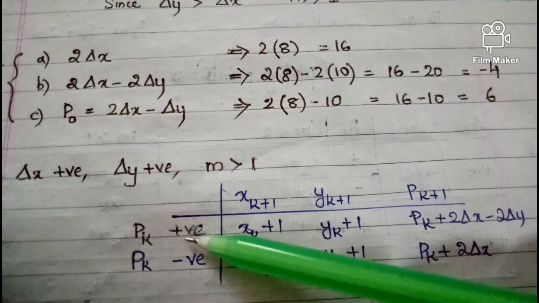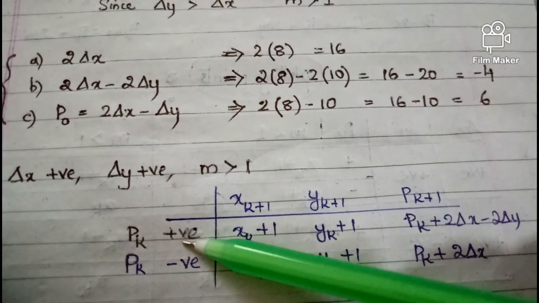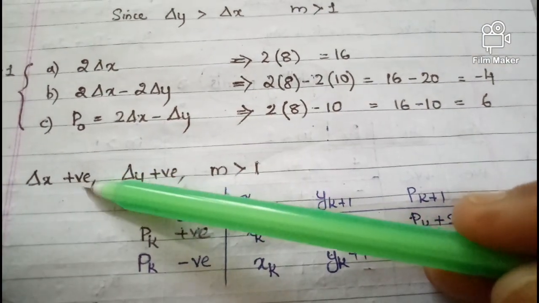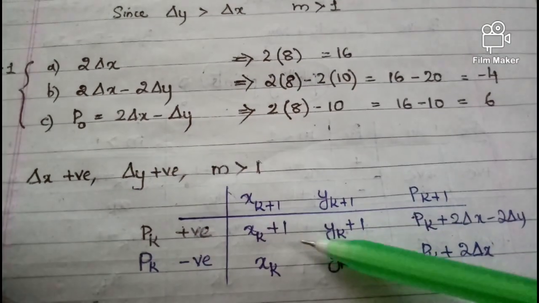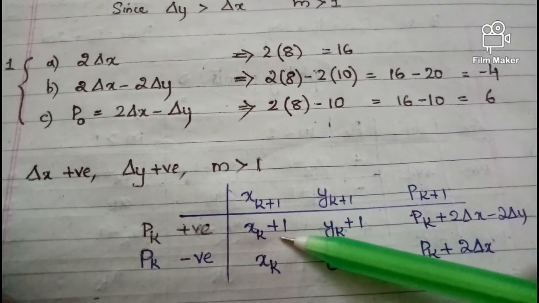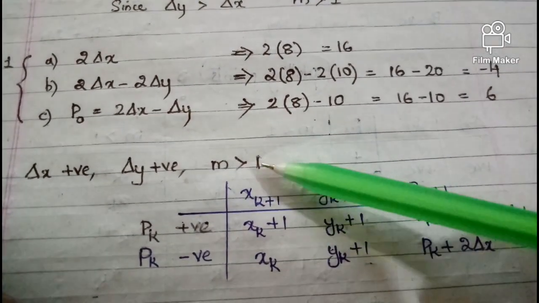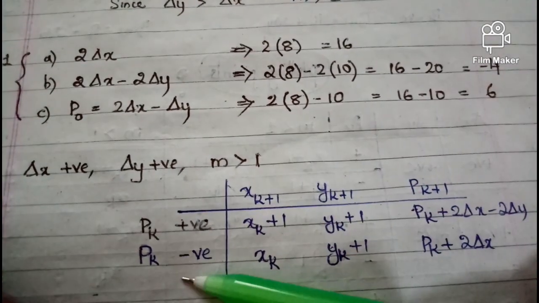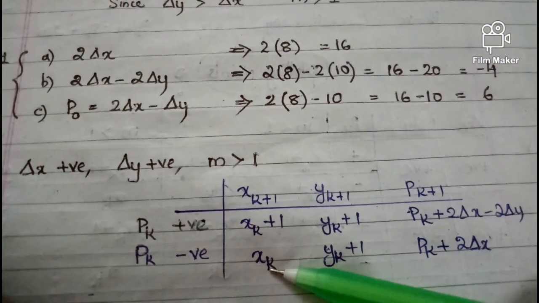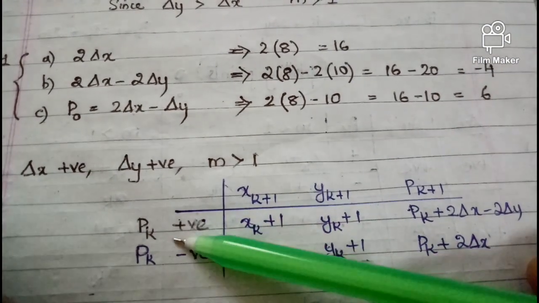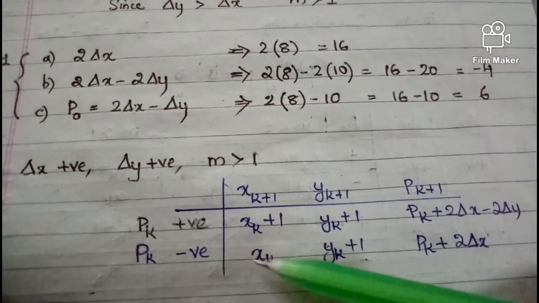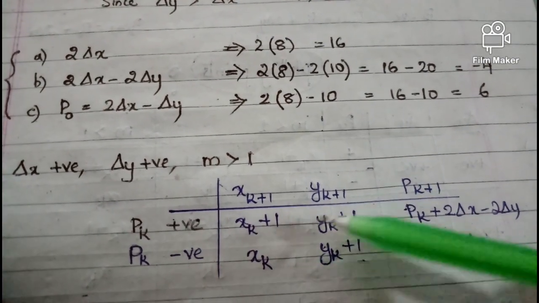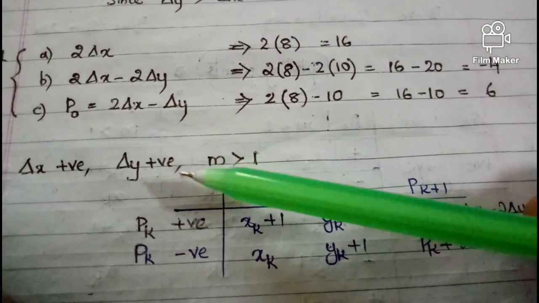If pk is positive, then since delta x is positive, x will increment. But it is a case of m greater than 1. So when pk is negative, x will not change. So x will change only when pk is positive and x will not change if pk is negative. But what about y?